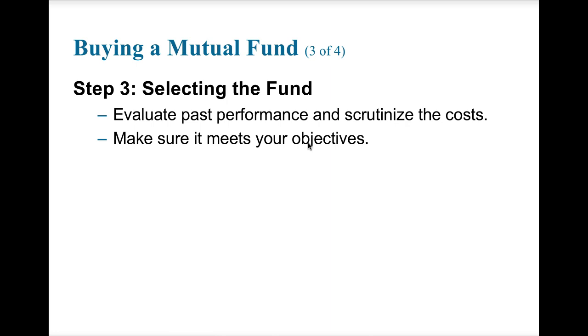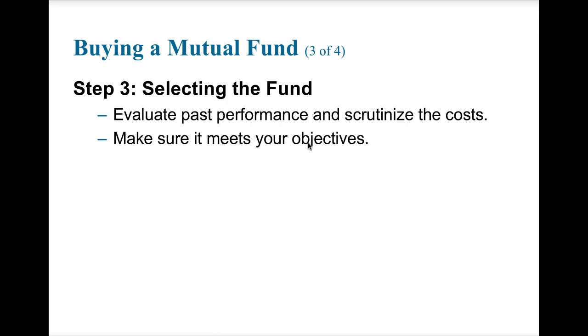Well, you want to evaluate past performance. Have these funds done well in the past 10, 5, 3 years? That doesn't mean they're going to do well moving forward, but it definitely is of some value. And you want to look at the costs. What are the overall cost differences between these funds? And at the end of the day, the mutual fund might be called a dividend fund or income fund, but really look at the stocks that these mutual funds own.